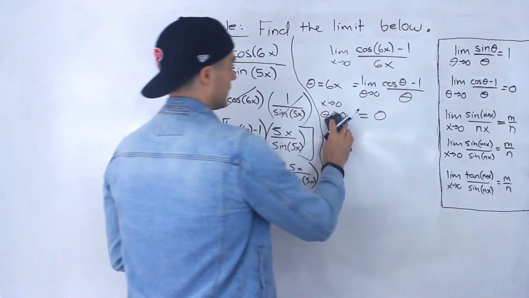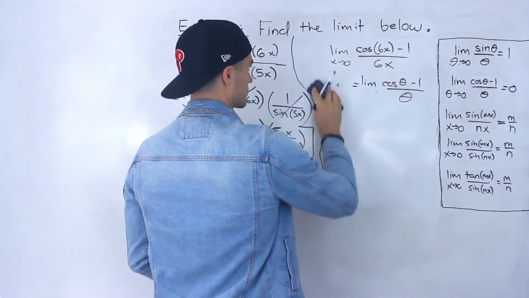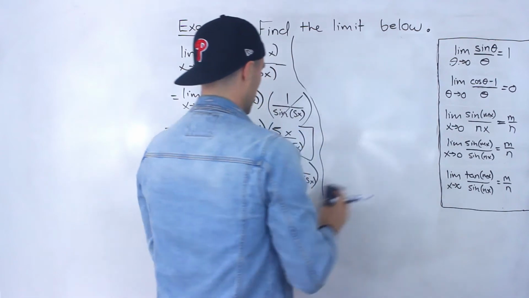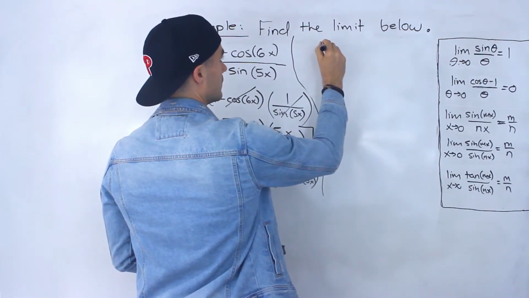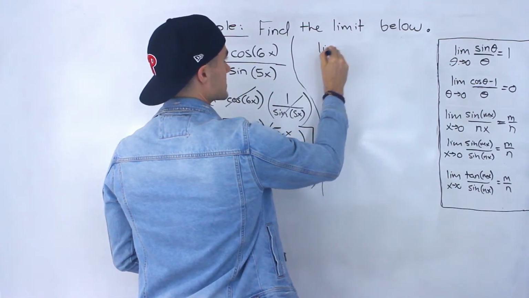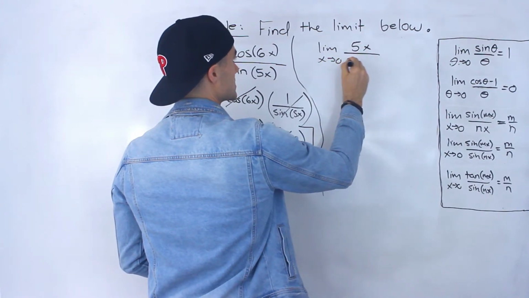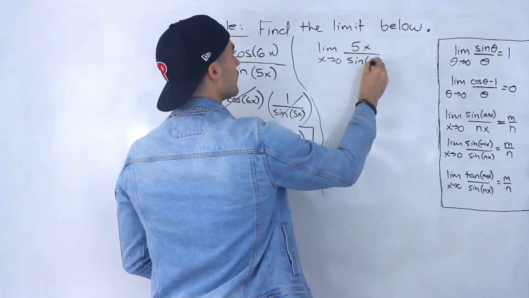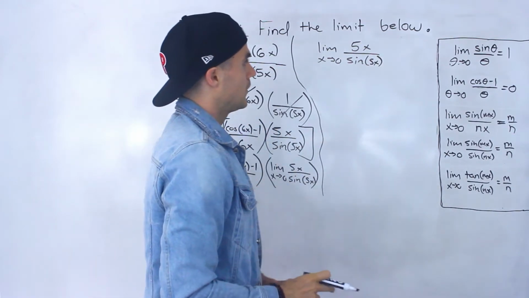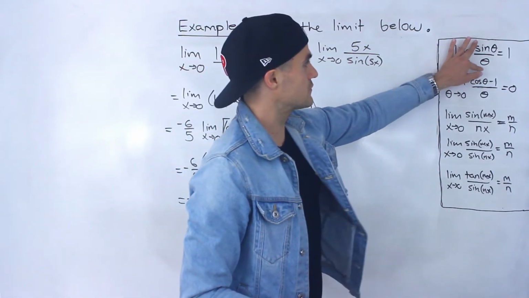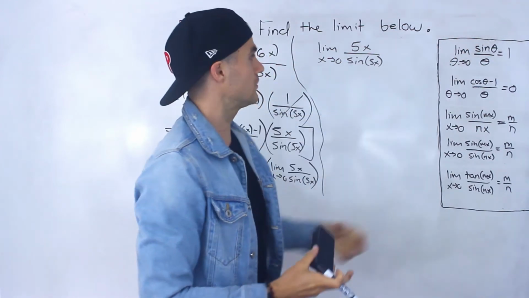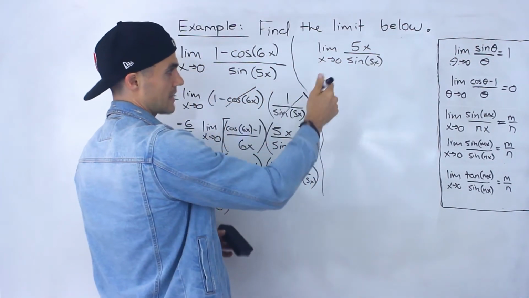And then this bracket here, we got the limit as x approaches 0 of 5x over sine of 5x. Now notice that it's similar to this format, but not really. It's kind of flipped over. So we've done examples like this.